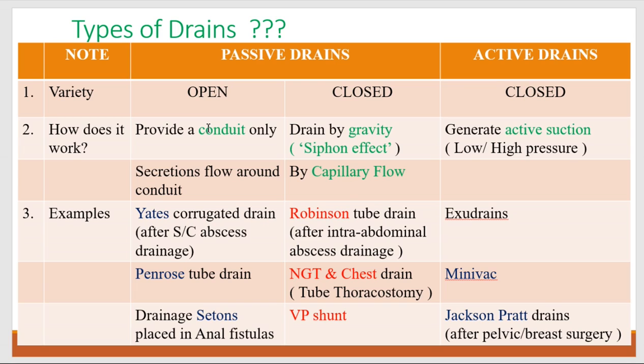For example, the corrugated drain, Yates corrugated drain. Clear? Open passive. Passive means passively draining. Open means the secretions come out openly, not being collected inside a container.